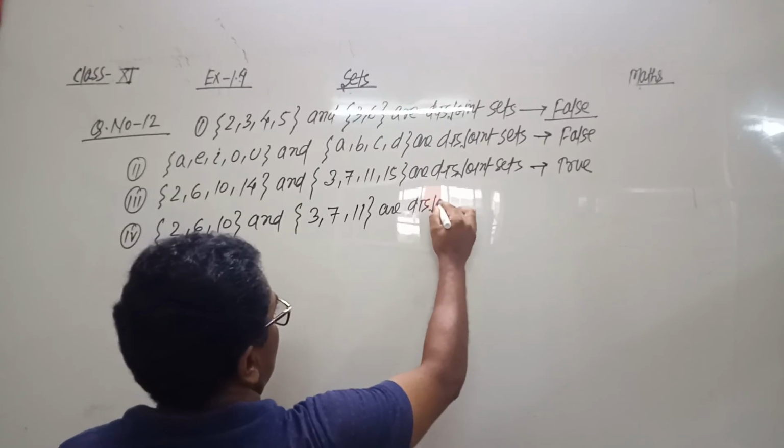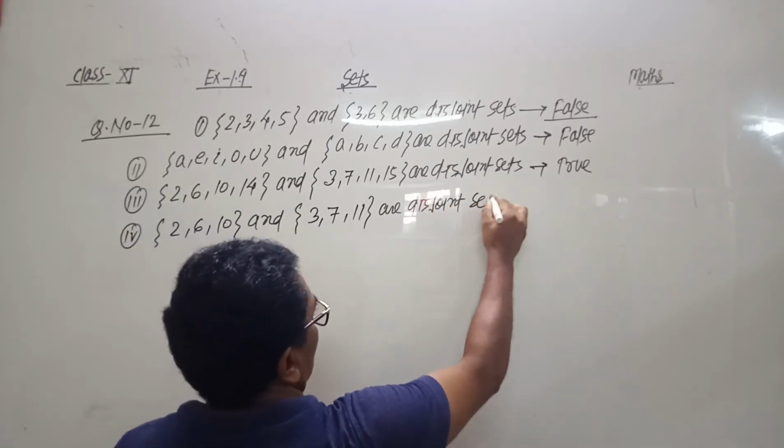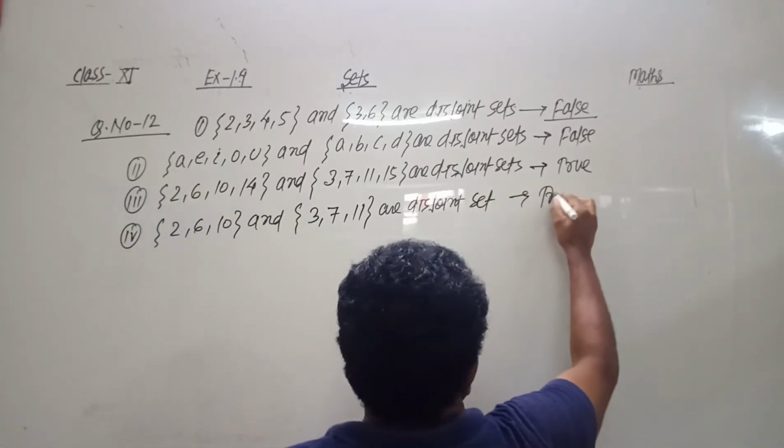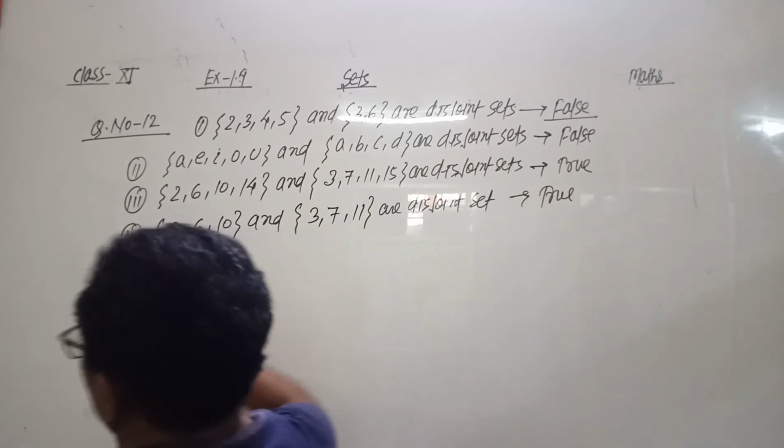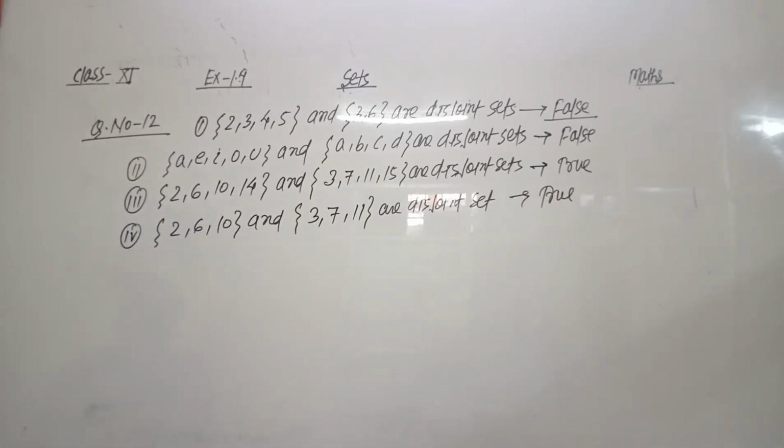So this statement is also true because there is no element common in both the sets. This statement is true. So we have completed this exercise 1.4 and then we start the next exercise 1.5.